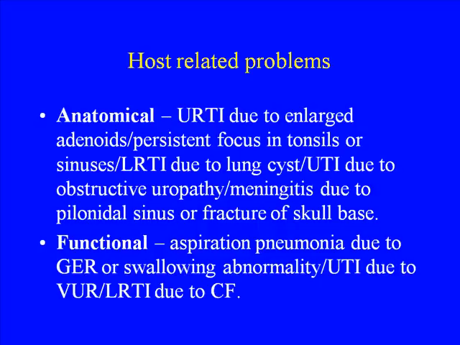We all are aware of a UTI with an obstructive uropathy. Meningitis due to some such anatomical malformations, and these are all rare. If they are there, they are easy to make out. What you need to really pick up is adenoids, and I'm sure today the most common infection in office practice is upper respiratory infection, and the most common cause of recurrent infection is also upper respiratory infection, and adenoid sinusitis, I think, is a very, very common thing.